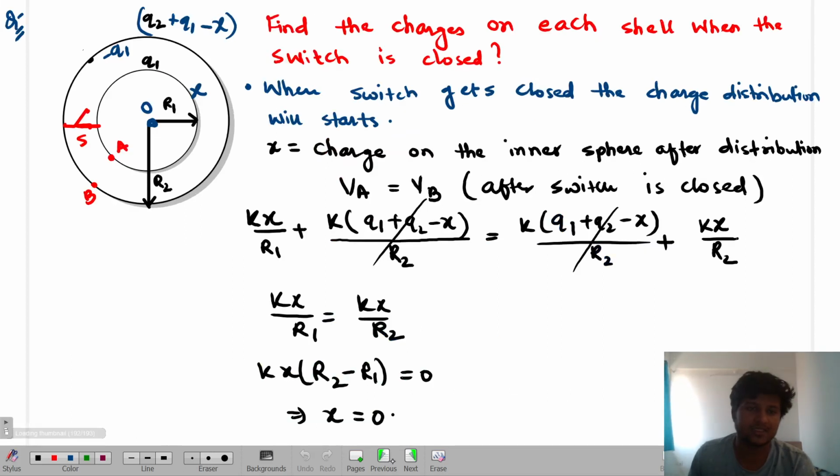What we did, same thing. I can consider the induction, but without the help of induction also I can do that. Considering here q1 plus q2 minus x, and writing this as just minus q1 and just x over here. Is that clear? Are you able to get me?